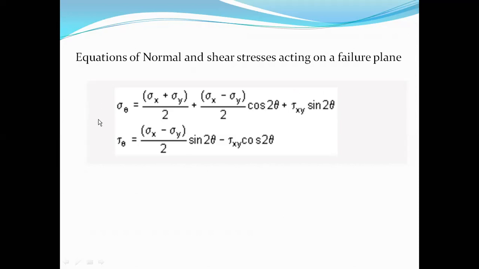This is the formula to determine the normal stress acting on the failure plane, that is sigma theta. And the corresponding shear stress, tau theta, is equal to sigma x minus sigma y by 2 into sin 2 theta minus tau xy into cos 2 theta. So we will use these formulas to determine the normal and shear stresses acting along the failure plane, which makes an angle of theta with the vertical.